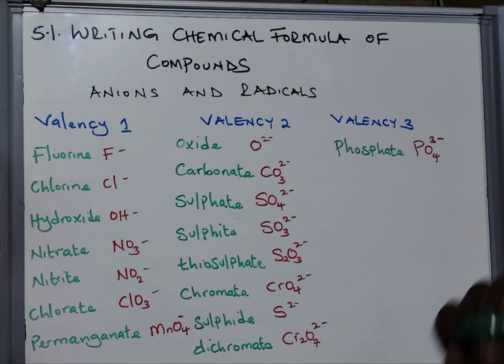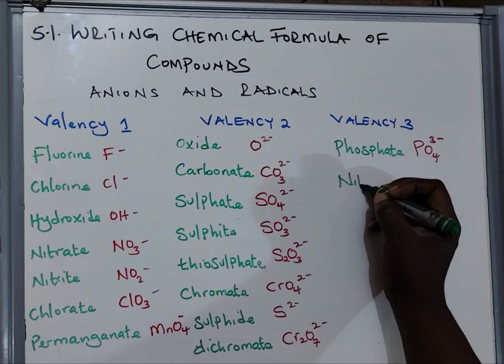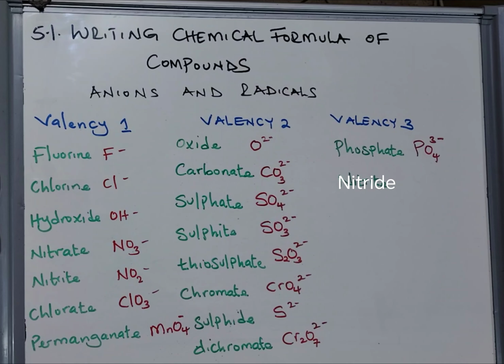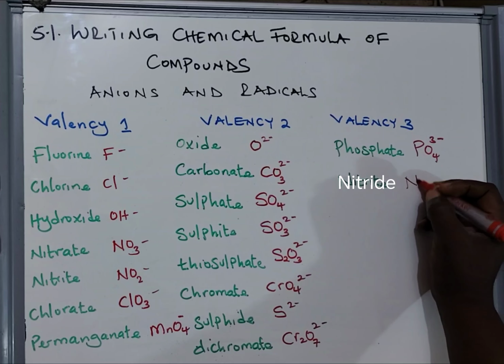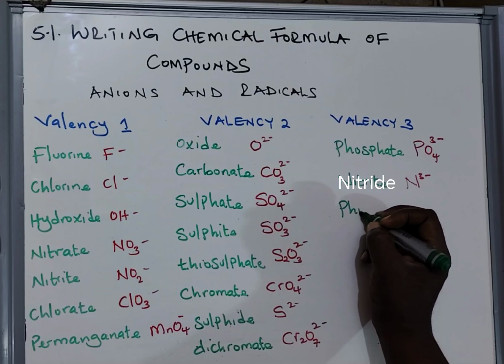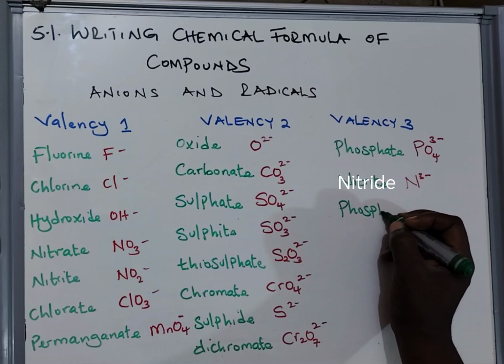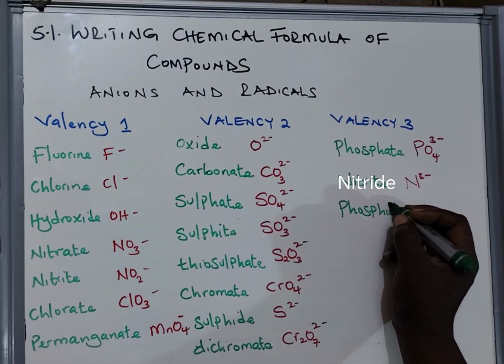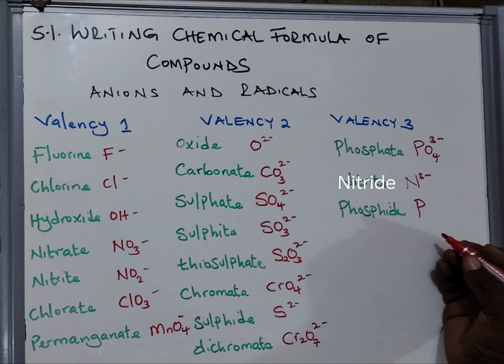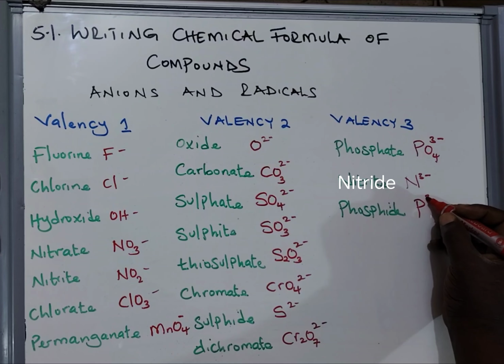Then another one is nitride, which is represented as simply N with a 3 minus. Then phosphide, which is simply P, but because it has valence 3, it's going to form the negative part of the compound. It is a 3 minus.